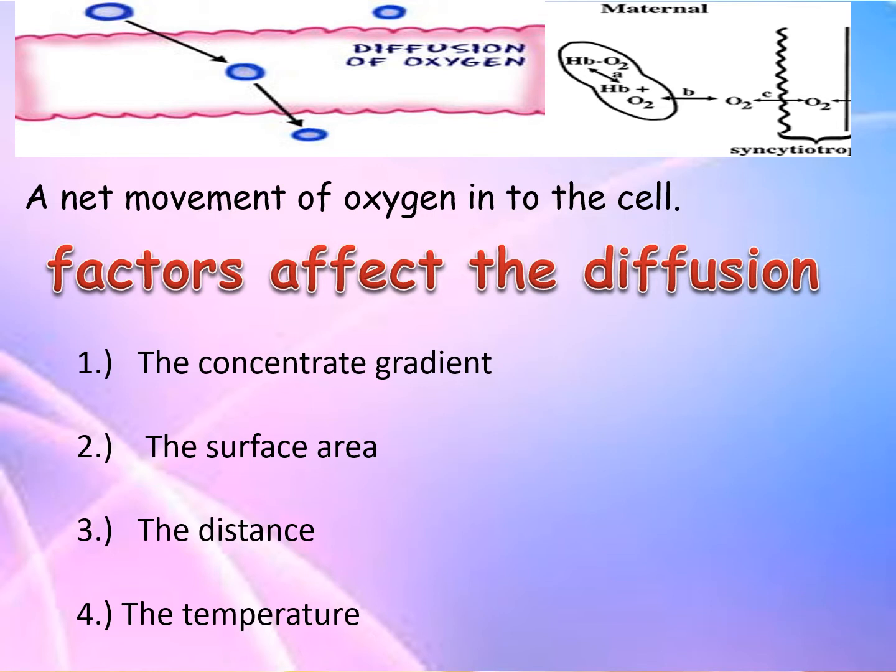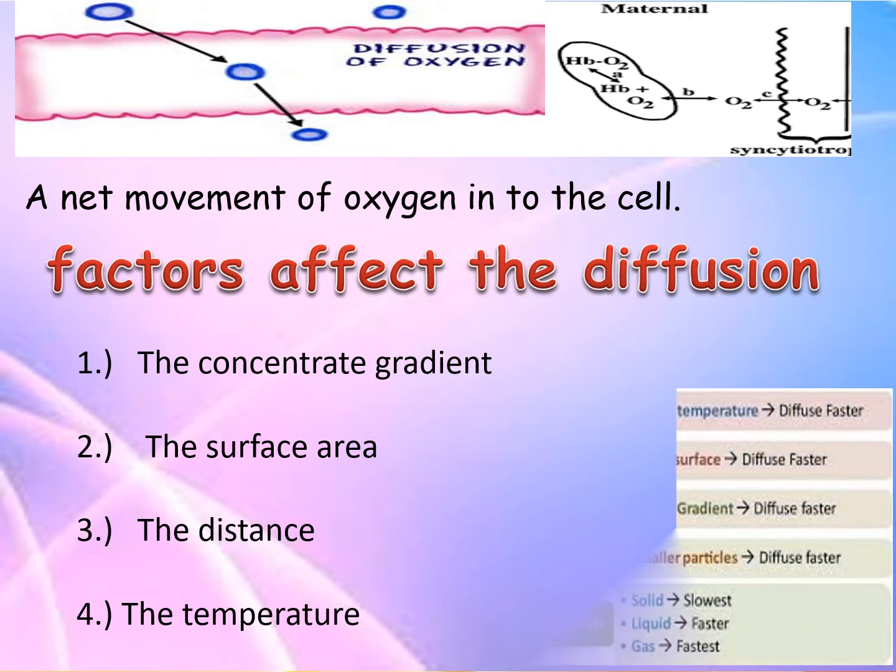Number three, the distance. The rate is decreased if the distance over which diffusion has to take place is greater. Last one is, children, the temperature. The rate is greater at high temperatures. This is because a high temperature provides the particles with more kinetic energy.